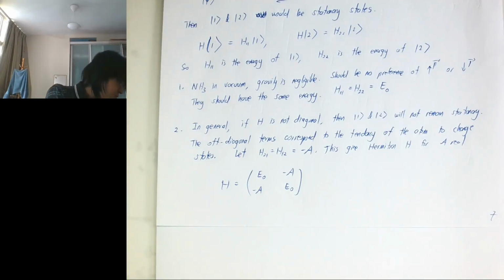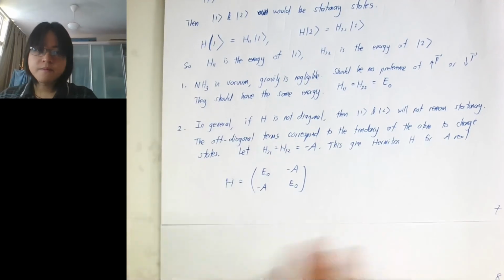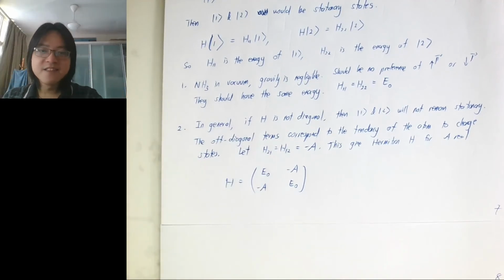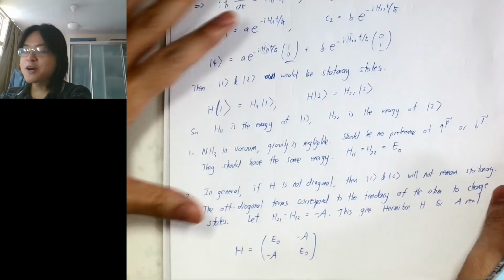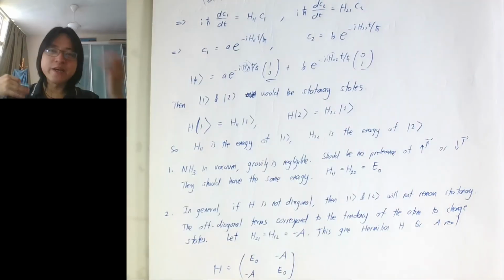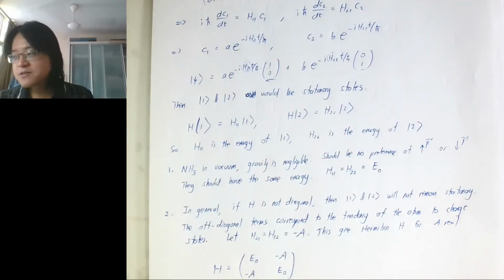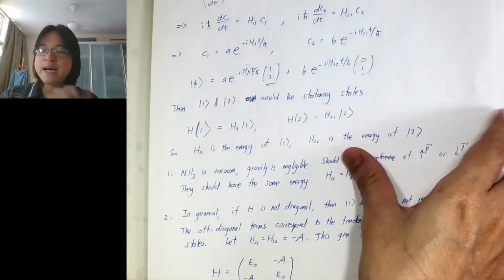Does anyone have any question or any disagreement? If you are a bit confused by this, I think it's natural, because we are trying to guess a Hamiltonian out of nowhere. But if we don't do this, we can't go any further.